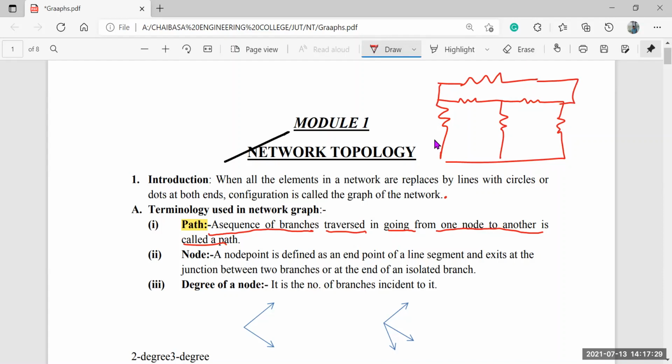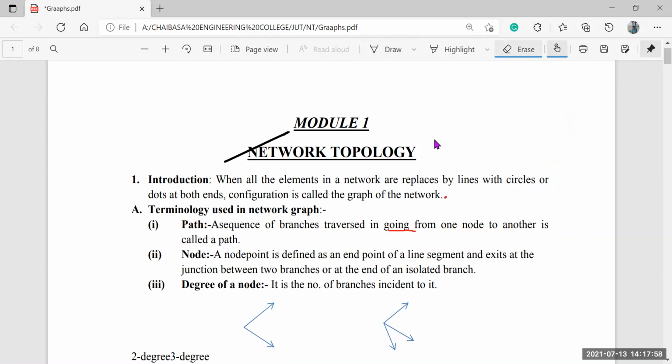If I want to convert this into a graph, it would be in this manner. Okay, let me convert that.